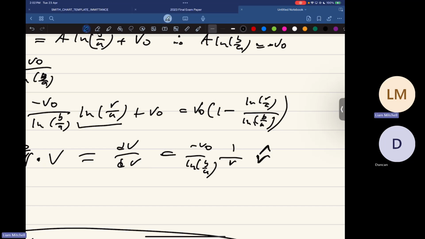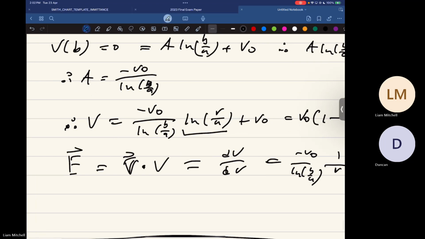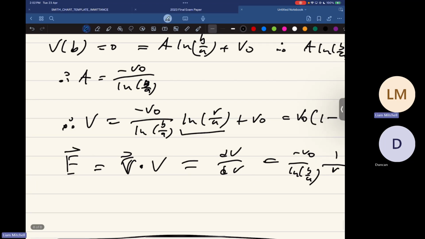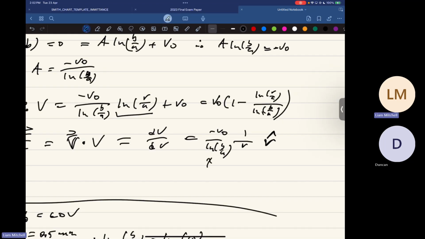That's in the direction of r. That's our vector E. That's what we expect basically, because this is our rho L over 2 pi epsilon naught r.